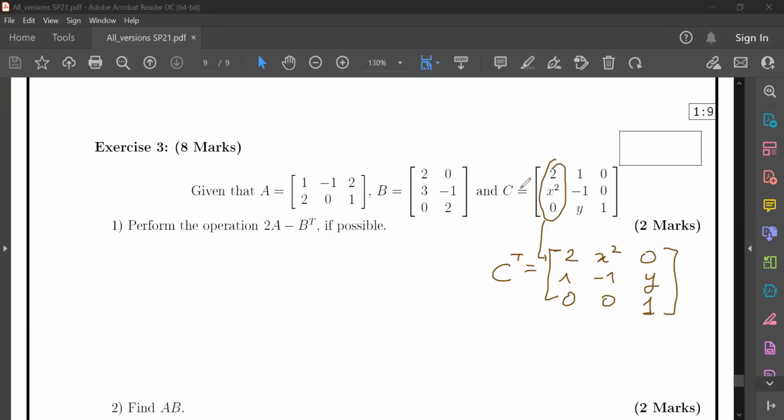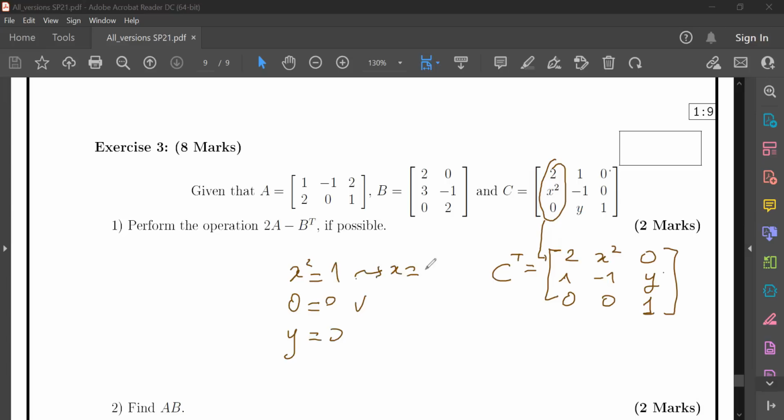So these two matrices are equal if 2 equals 2, x squared equals 1, 0 equals 0, this is satisfied. X squared equals 1 already written, minus 1 equals minus 1 satisfied. Y equals 0, 0 equals 0, okay. Y equals 0, okay. 1 equals 1, okay.